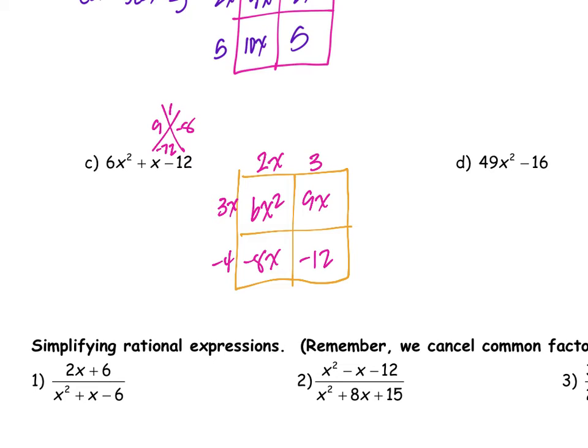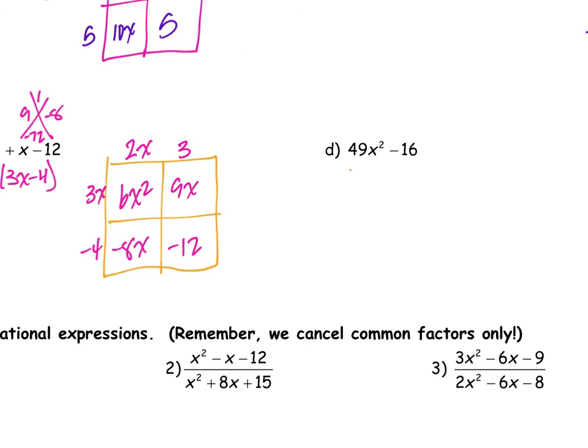Yeah, that should be it. So 2x plus 3 times 3x minus 4, done. And then the last one is 7x minus 4 times 7x plus 4. Questions? Not too bad? Everyone okay?